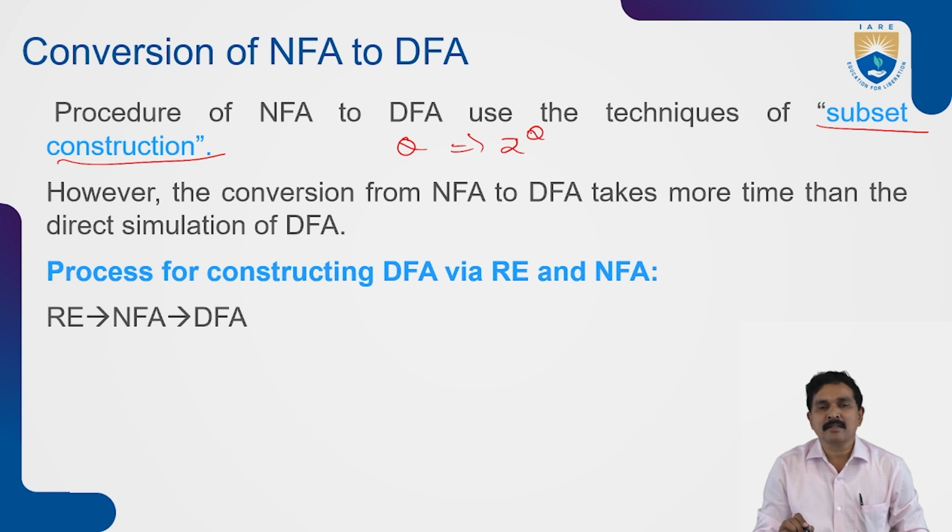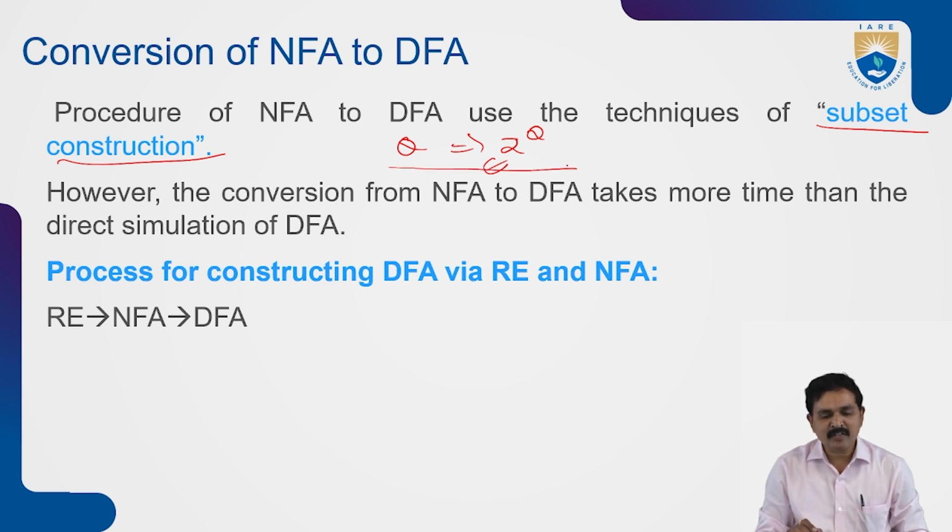The subset value belongs to 2 power q, which is the power set of capital Q, where Q is the set of states. So in the process of NFA to DFA, we find the subset construction, where each subset is derived from the power set of capital Q.